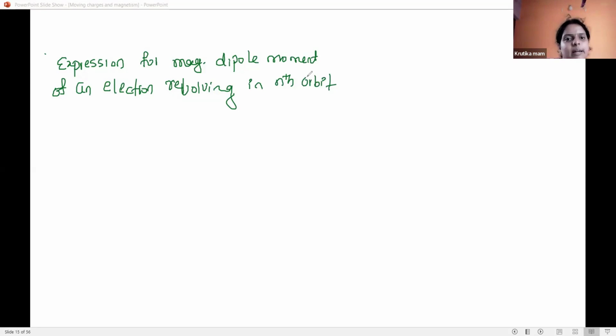Okay, so write the heading of the derivation. We are deriving the expression for the magnetic dipole moment of an electron revolving in the nth orbit.